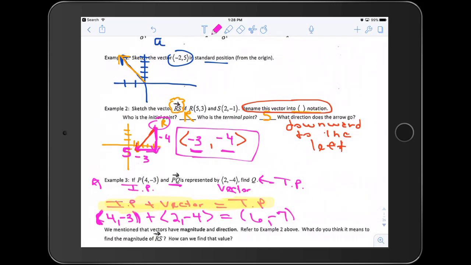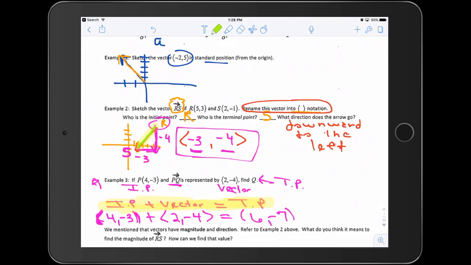We know that. But the actual magnitude, as I've kind of already alluded, let's try a different color. Is this length, or actually, remember I said I probably shouldn't use the word length, this size.